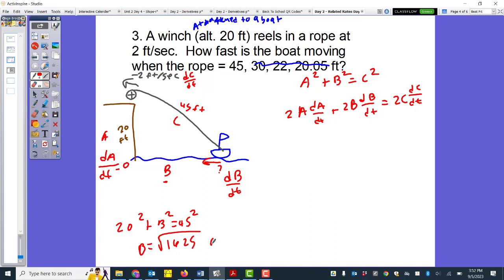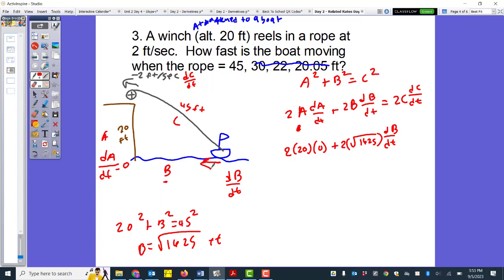This is feet. So now if we look, we know A. A is 20. Let's go ahead and plug it in. 2 times 20. And we know dA over dt, it's 0. Plus 2 times our b, which is square root of 1625, times dB over dt, which is what we're looking for. And if we do it correctly, it should come out to be negative because, as we said earlier, this side's getting smaller.